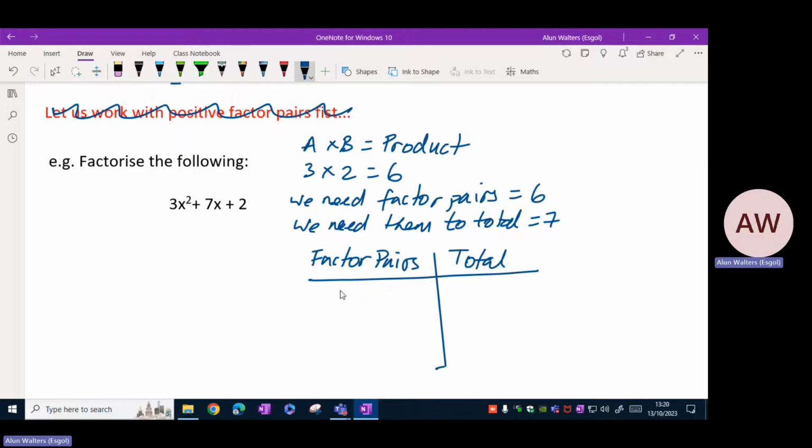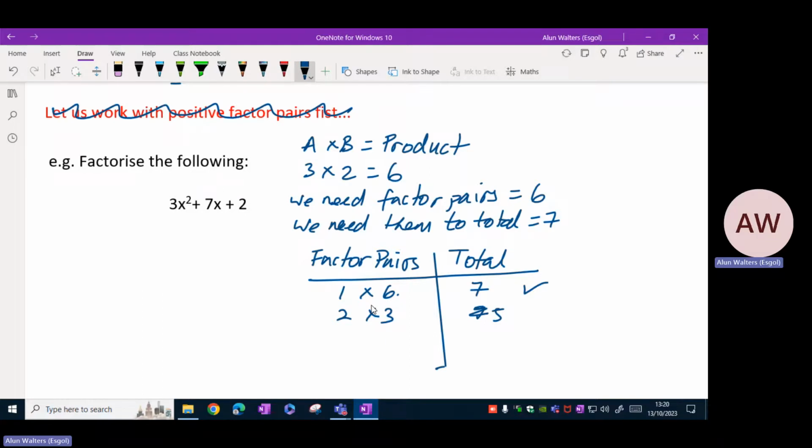The factor pairs of 6 are 1 times 6, and they total to 7, and the other factor pair is 2 times 3. If that number 6 is an even number, we can halve it and double that. Otherwise, you will have to write all the factor pairs down by whichever means necessary. The total of these is 5. So that is the factor pair I'm going to use.